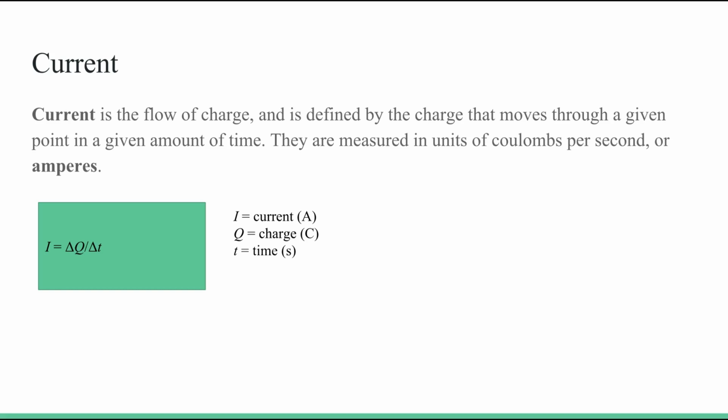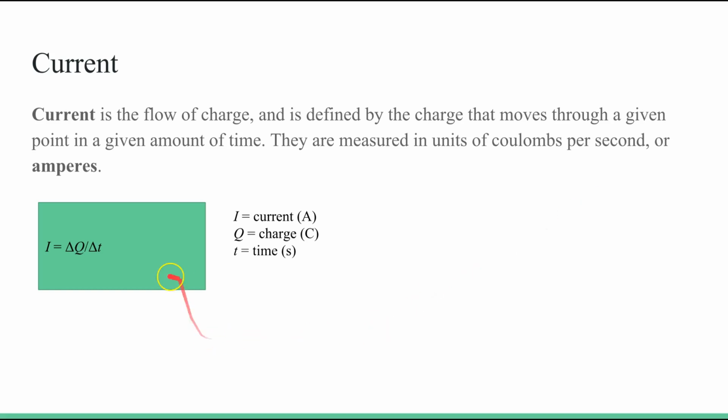The flow of charge is defined by a quantity which we call electric current. Current is the flow of charge, defined by the charge that moves through a given point in a given amount of time. It is measured in units of coulombs per second, or amperes.